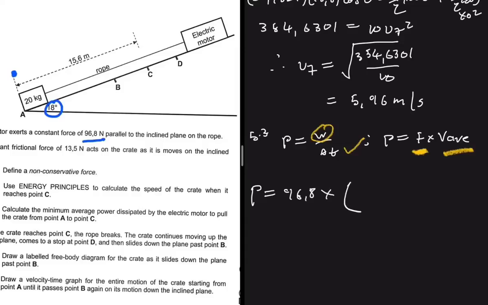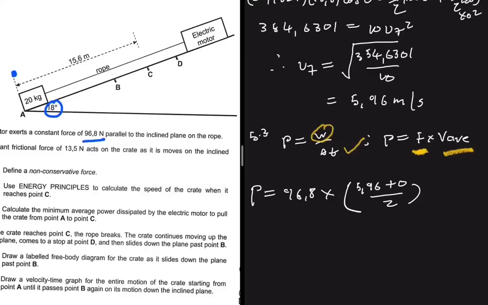To find the average velocity, I'm going to say VF plus VI divided by 2. VF is 5.96 plus 0, divided by 2. So that is 96.8 multiplied by 5.96 plus 0, divided by 2.